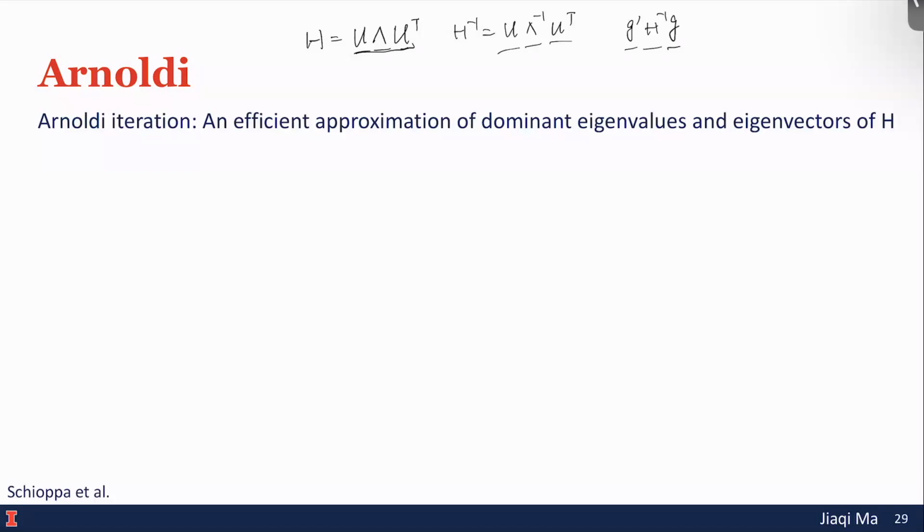But there's a classical approach called Arnoldi iteration, which is an efficient approximation of the dominant eigenvalues and eigenvectors of H. The idea is that if we have an efficient way to get several leading eigenvalues in Lambda and their corresponding eigenvectors, then maybe we can use that to approximate the original Hessian inverse and vector product.